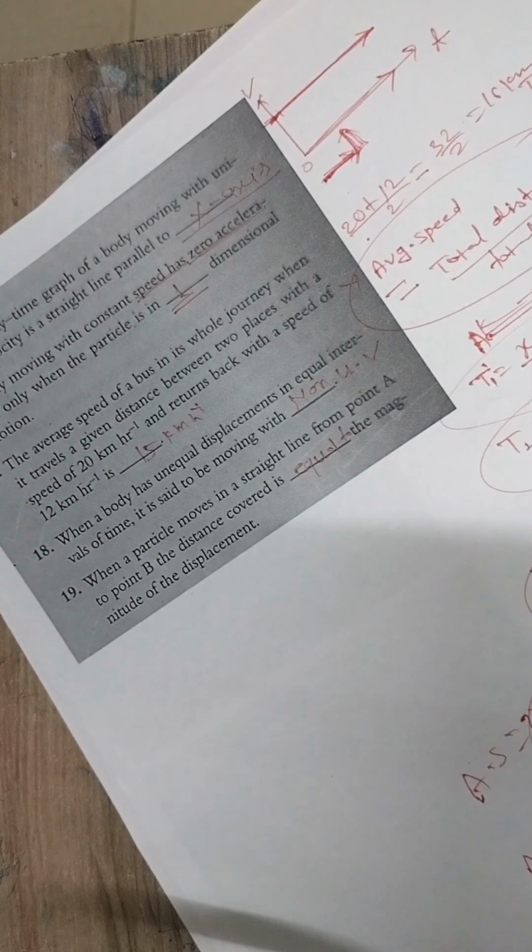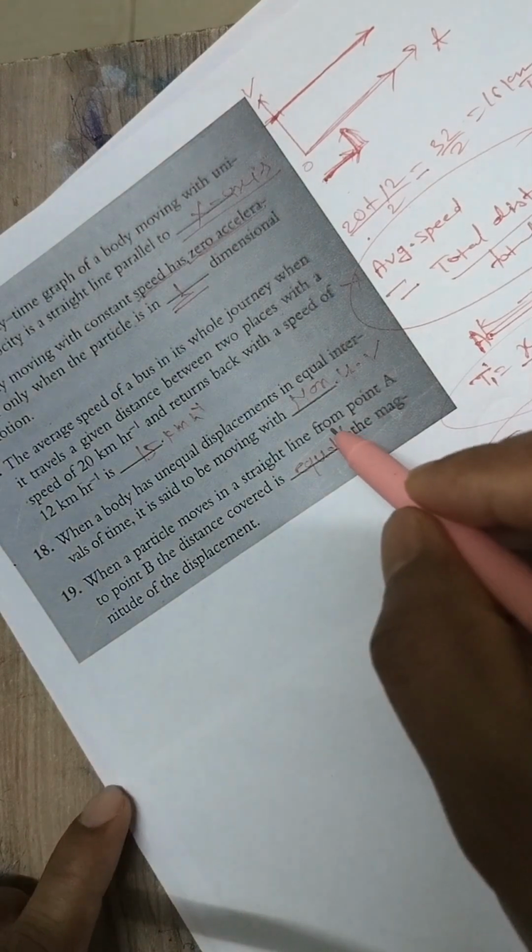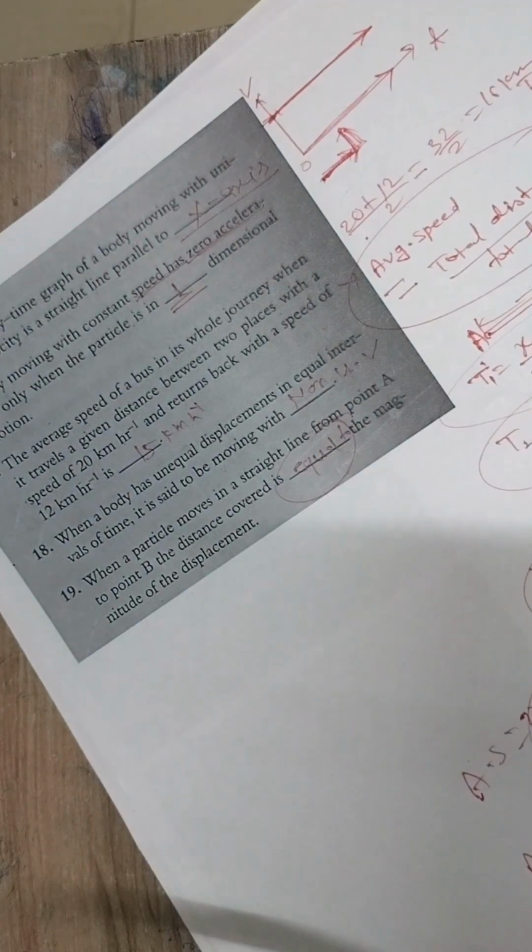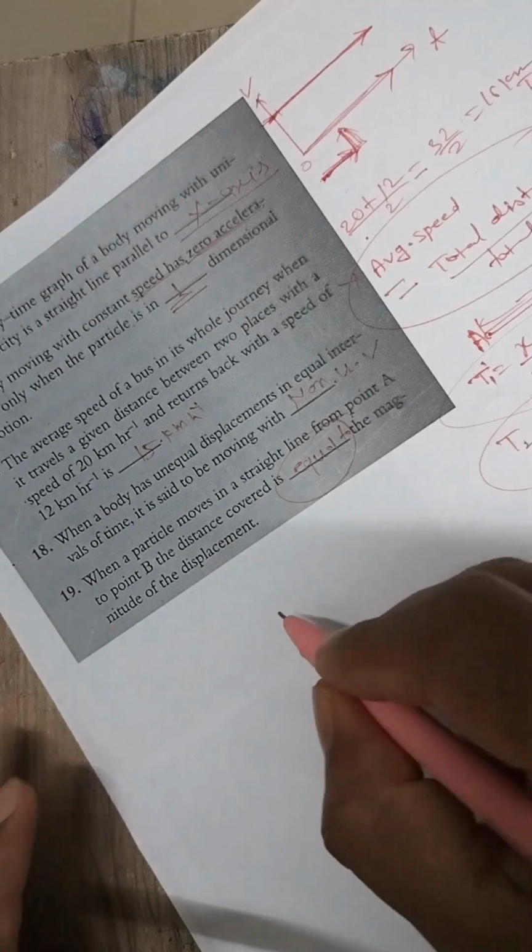Question number 90: when a particle moves in a straight line from point A to point B, the distance covered is equal to the magnitude of the displacement. What will be in the fill in the blanks? Equal to, because maybe displacement is 0.